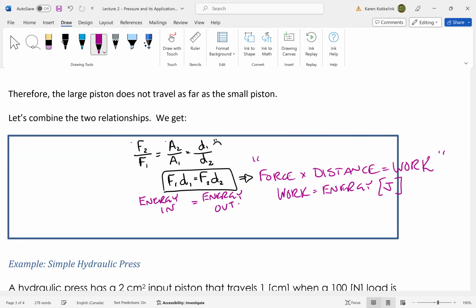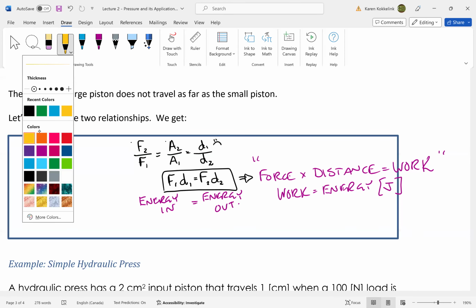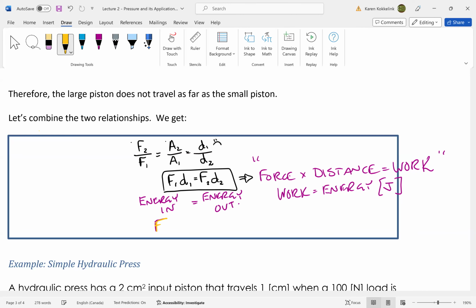And we can rewrite that in this nicely written form: F in D in is equal to F out D out. Energy in equals energy out. And this is the basic operation of a simple hydraulic press.